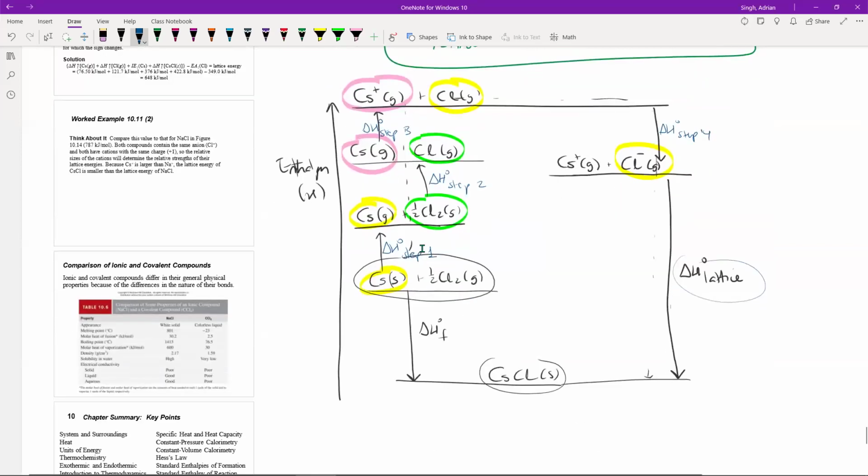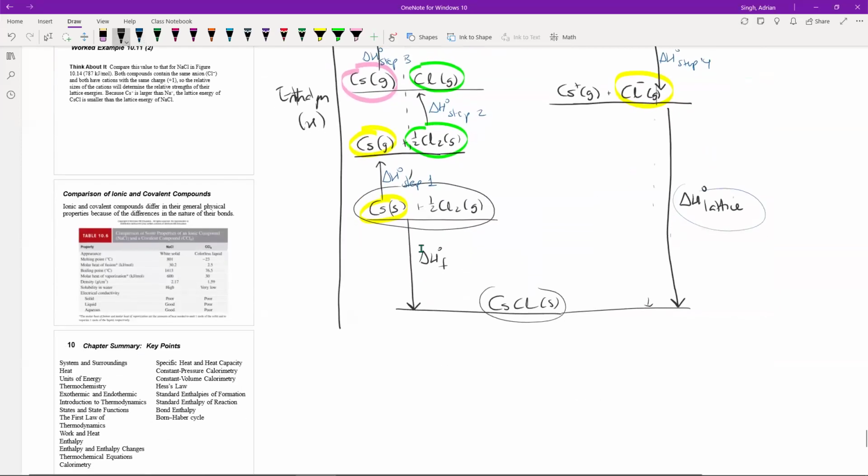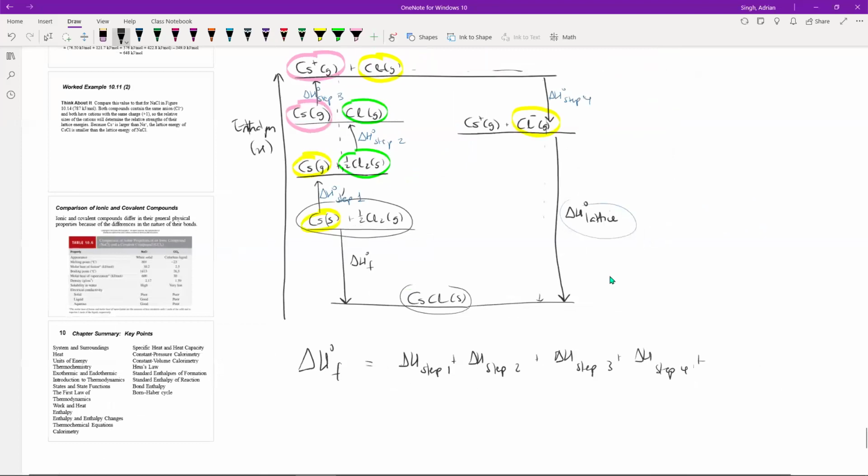All right, so again here, the delta H of formation would simply be the sum of all the other steps. So step 1 plus step 2 plus step 3 plus step 4 plus the last step, which would be the lattice energy, which is what we're trying to find.